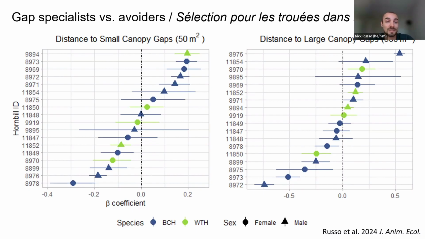However, a reason that hornbill might like to be farther away from canopy gaps is kind of intuitive. They are arboreal species. They need places to perch. They need places to find fruits and nests. So this is just to show the individual variation that we observed in how hornbills select habitat.